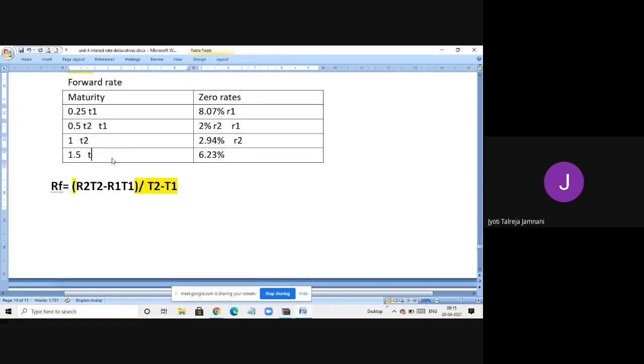So 1.5 years will become T2, 1 year will become T1. Similarly, 6.23 will become R2 and 2.94 will become R1.